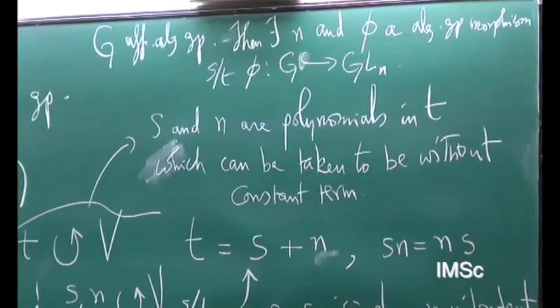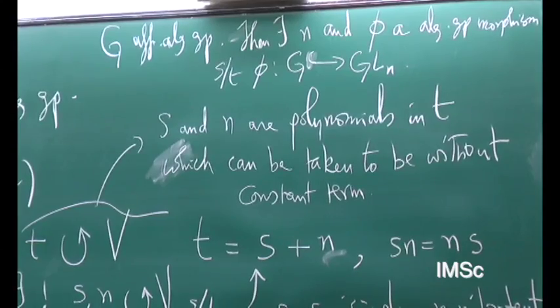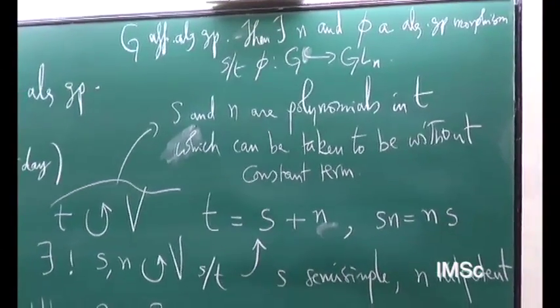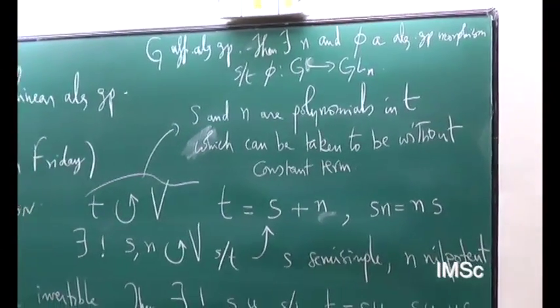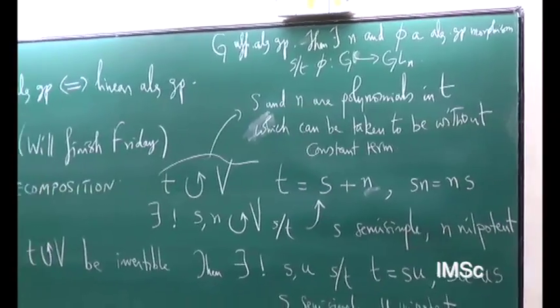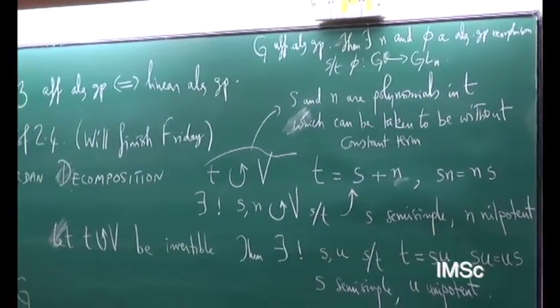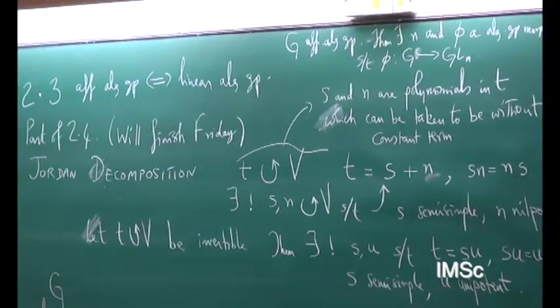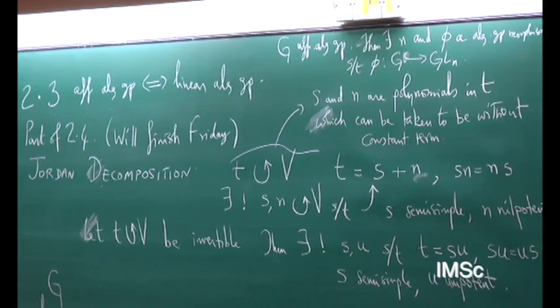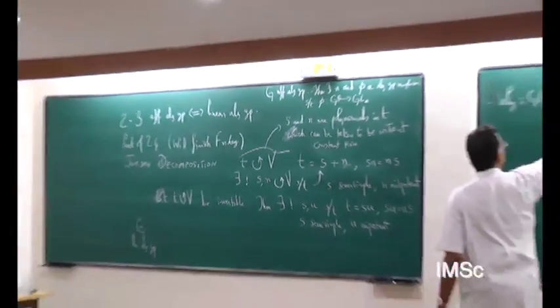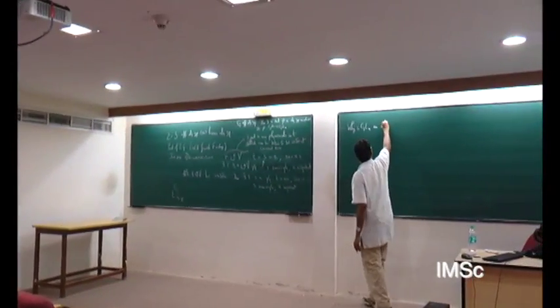So in this, what all do we have to understand? First of all, we have to understand that GLN is an algebraic group. It's an affine algebraic group. Okay, so here is things to understand. Why is GLN an affine algebraic group or a linear algebraic group?